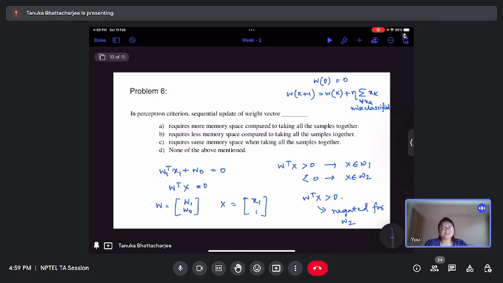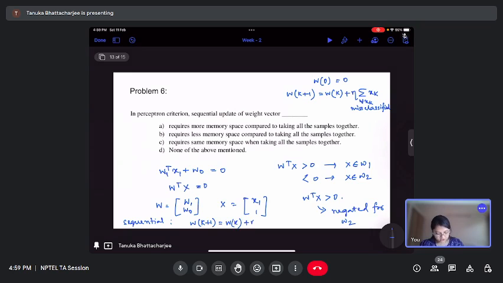Now this is basically the perceptron algorithm. There is one more thing, you can do these updates sequentially, which is called the sequential form of the perceptron algorithm. In the sequential case, you take one sample at a time and you update the weight vector based on just that one sample.